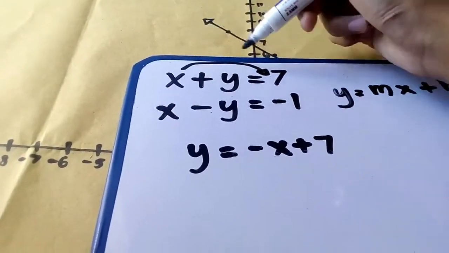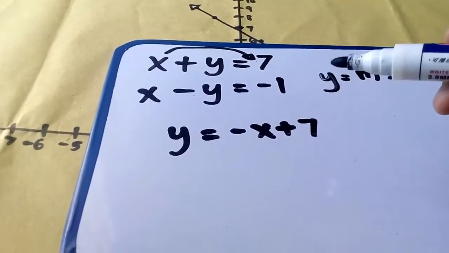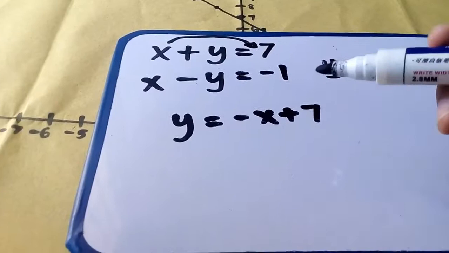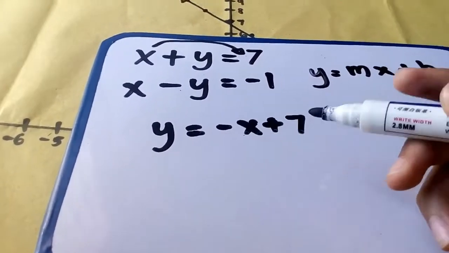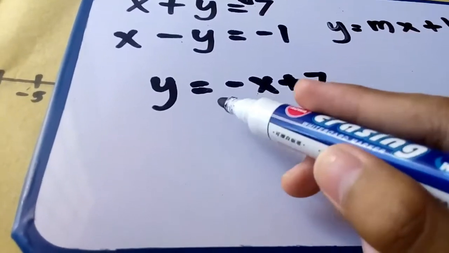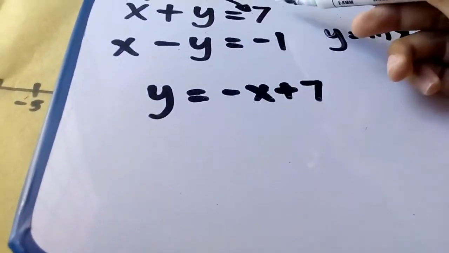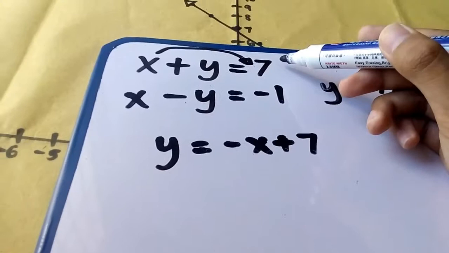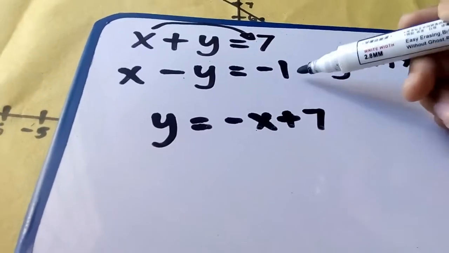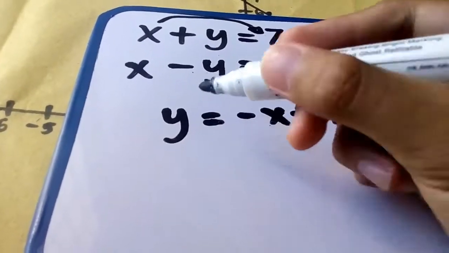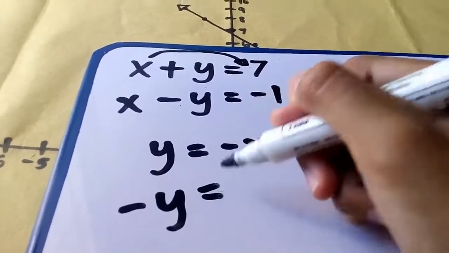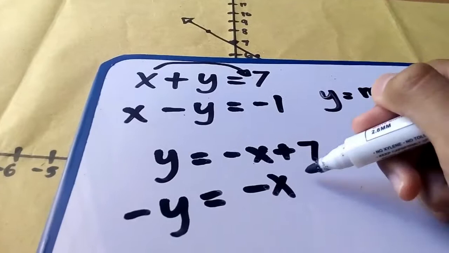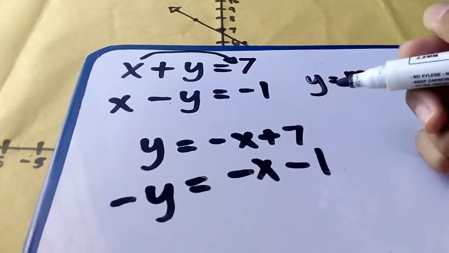Since we transpose x, the sign of x changes from positive to negative. So this is the slope-intercept form of the standard form of this equation. Now let's do the other one. So this will be negative y is equal to negative x minus 1.